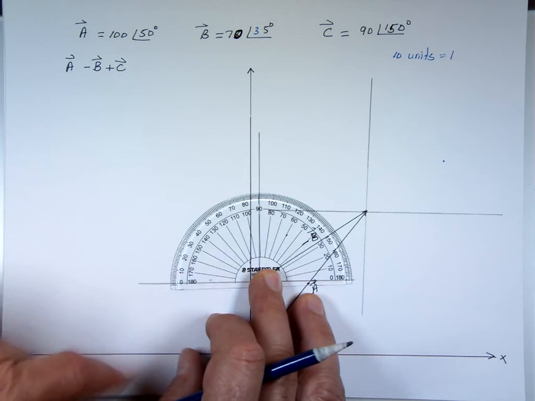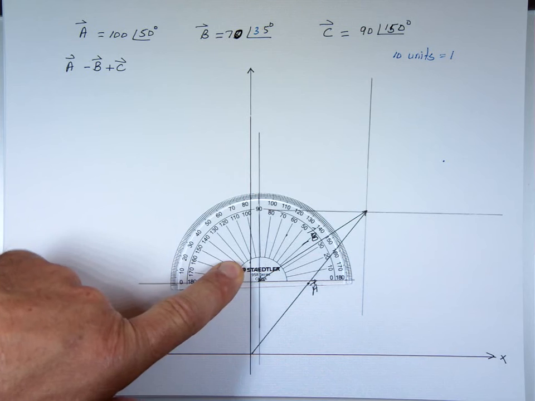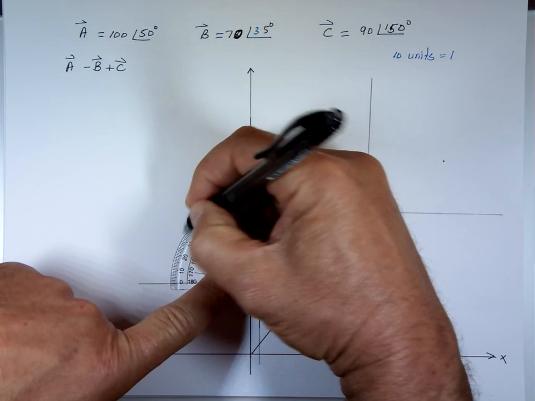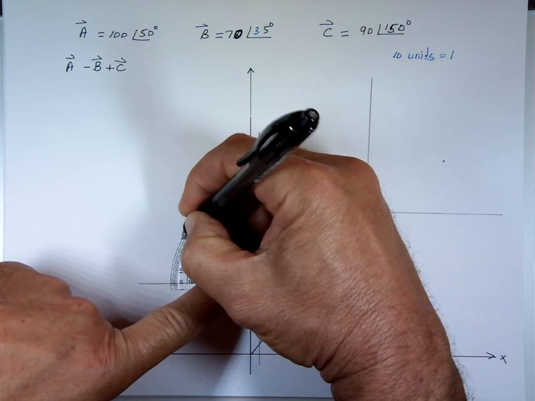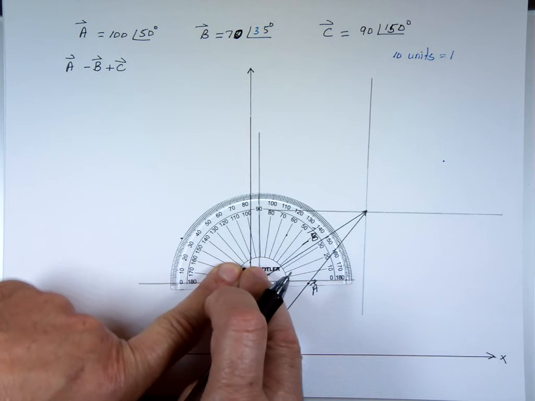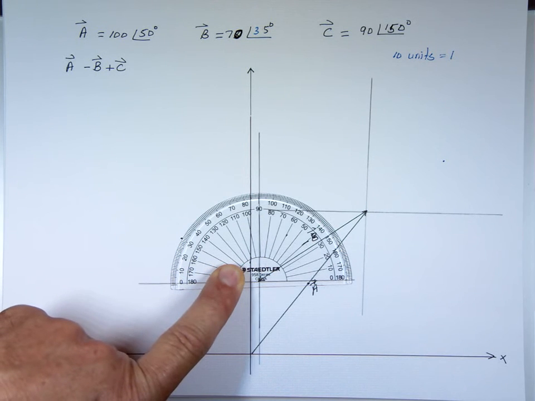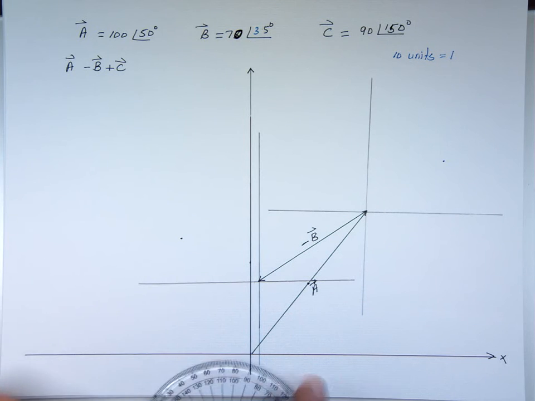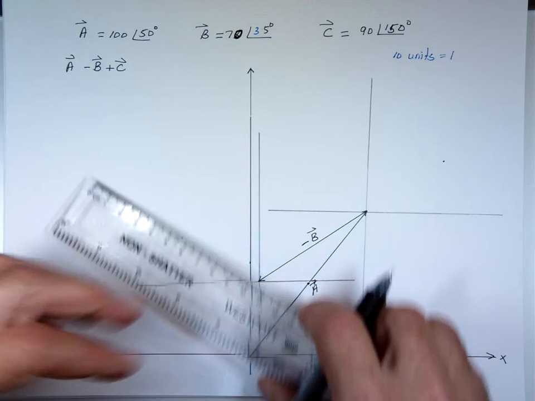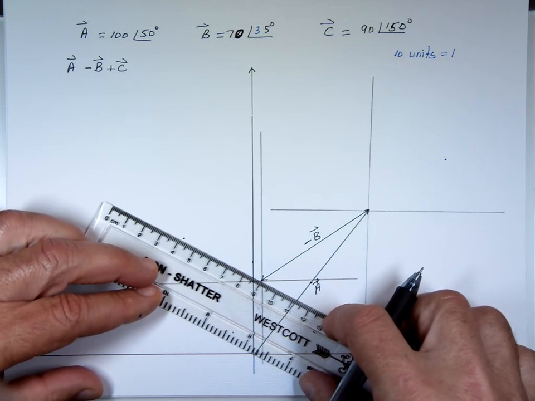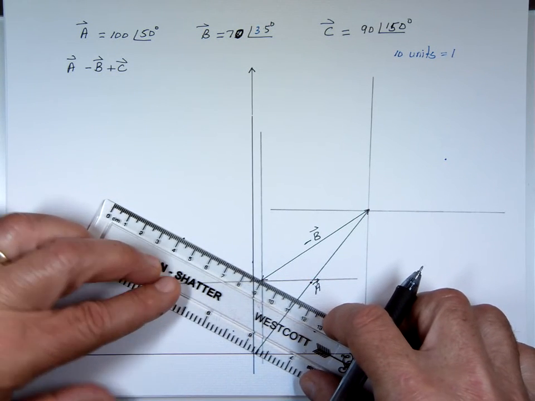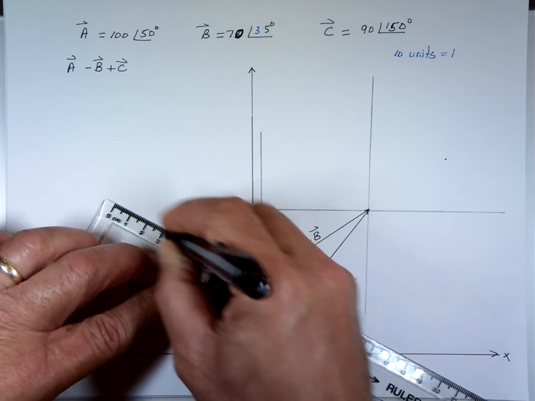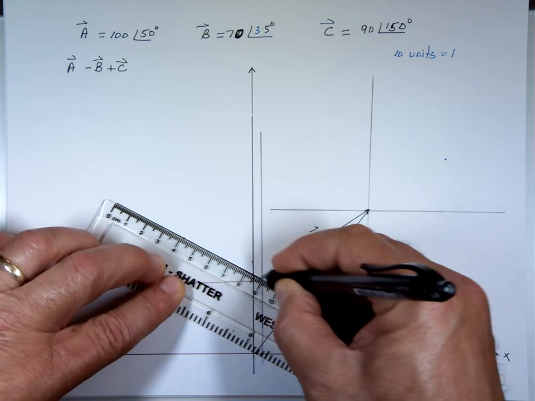Let's find out where the 150 is. 150 is in this direction. And how long is that vector? 9. I'm adding that, so I'm not going to change the direction. That's vector C.